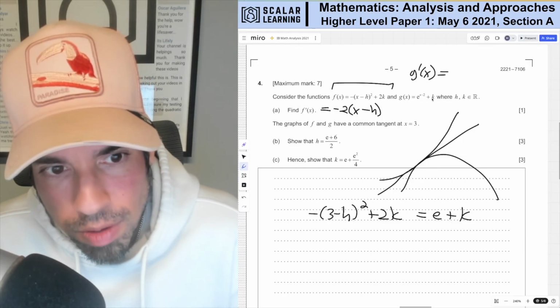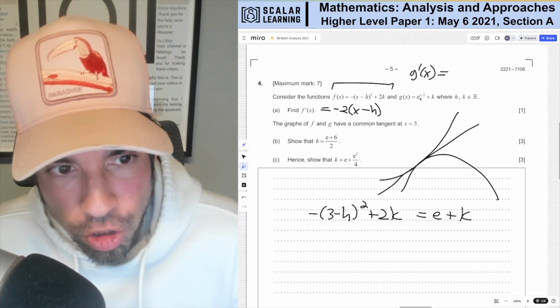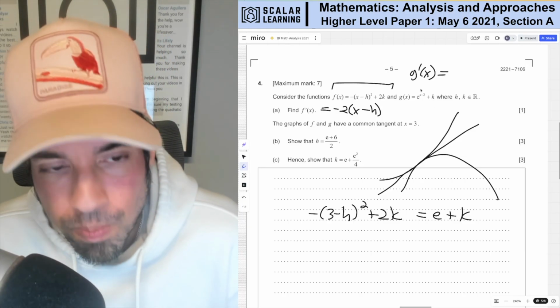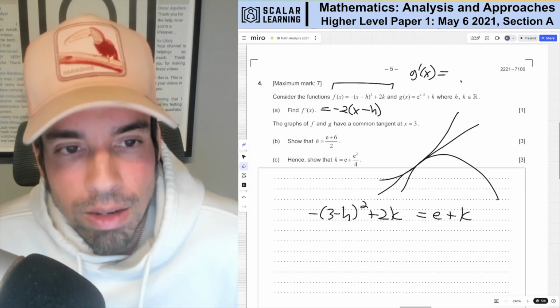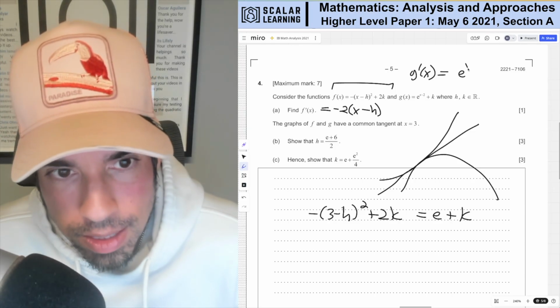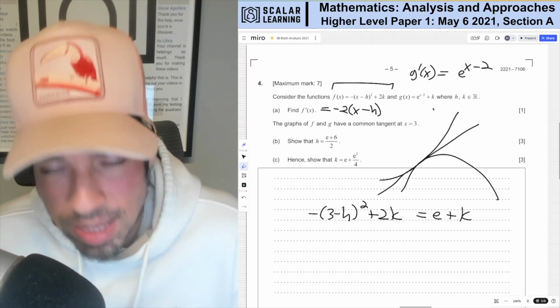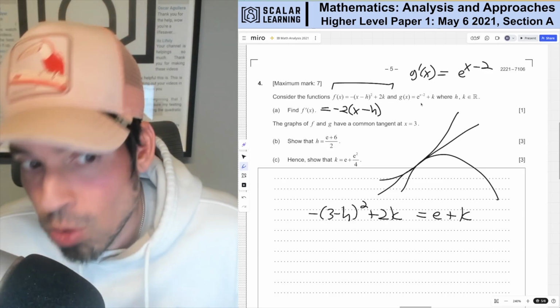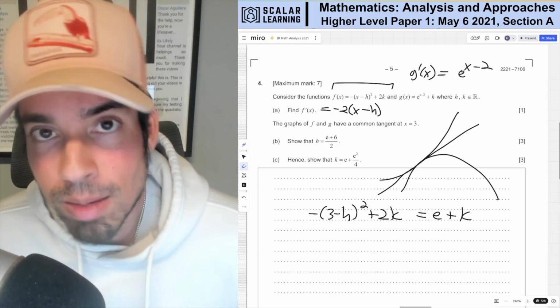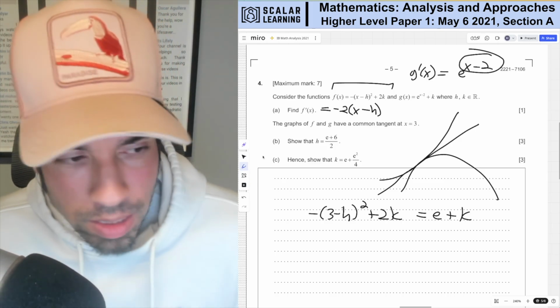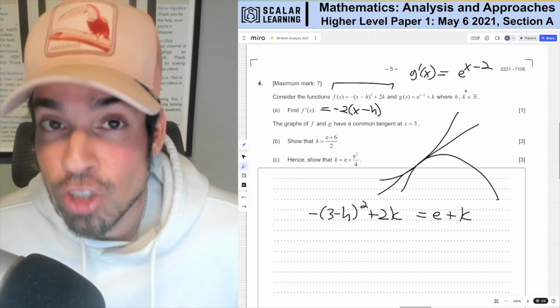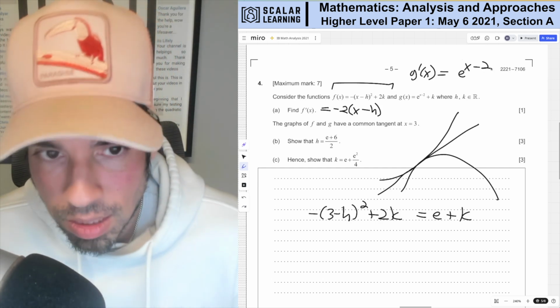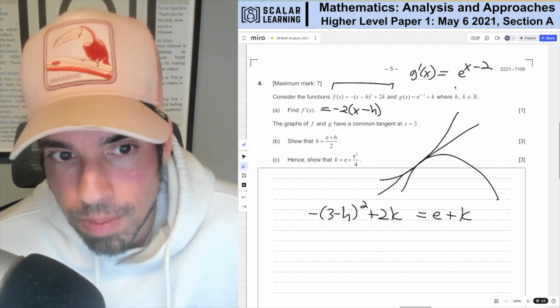So the derivative of k, since it's a constant, is 0. For e to the x minus 2, the derivative of e to a variable is always just itself. The derivative of e to the x is e to the x. The derivative of e to the x minus 2 is e to the x minus 2, times, then we have to apply the chain rule, the derivative of the top. But the derivative of the top is just 1, because the derivative of negative 2 is nothing. The derivative of x is 1.